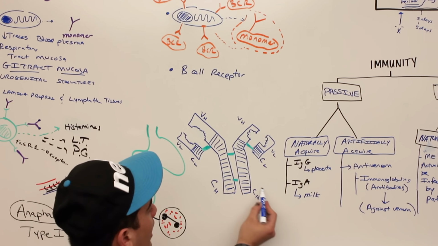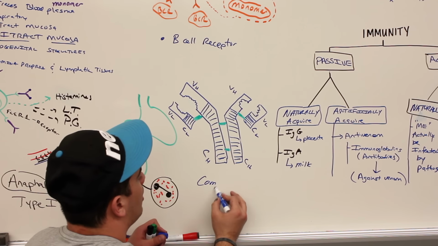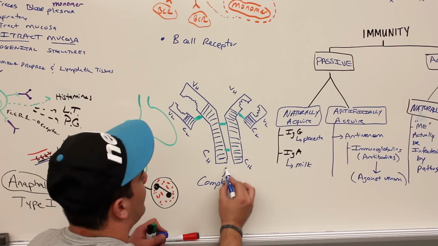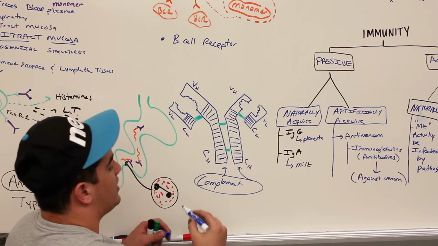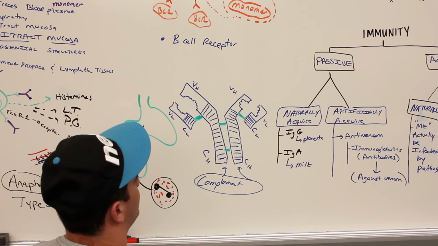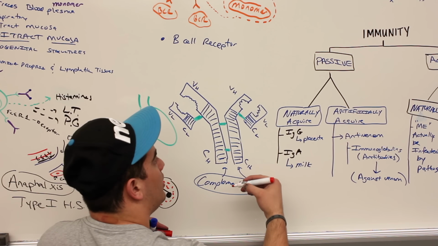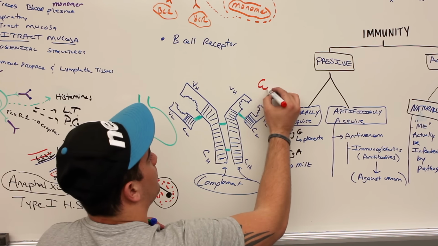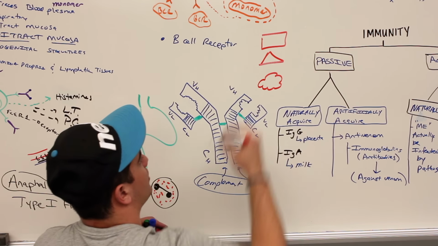This portion of the antibody is a good attachment point for complement proteins. Complement proteins love to bind to these portions right here. All right, that's one thing. Second thing that's really, really important. You see how I drew these variable regions a little bit different? These variable regions differ from antibody to antibody. In other words, let's say right here, I have 3 different types of antigens.